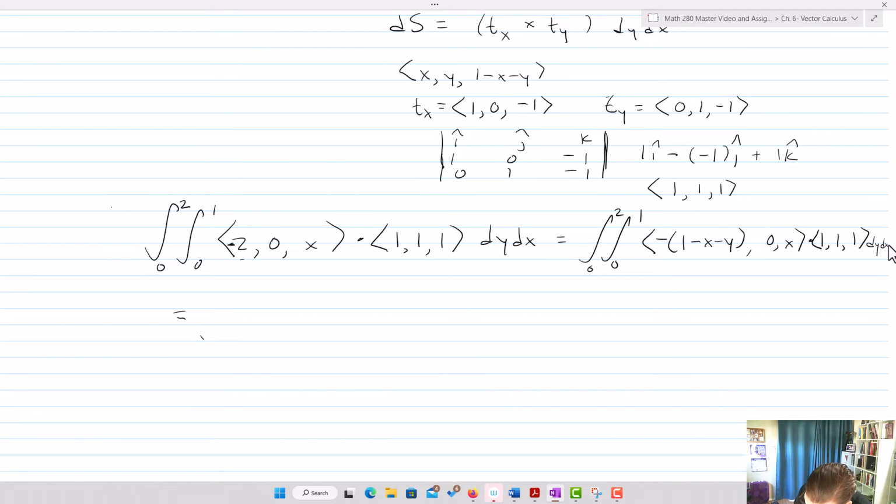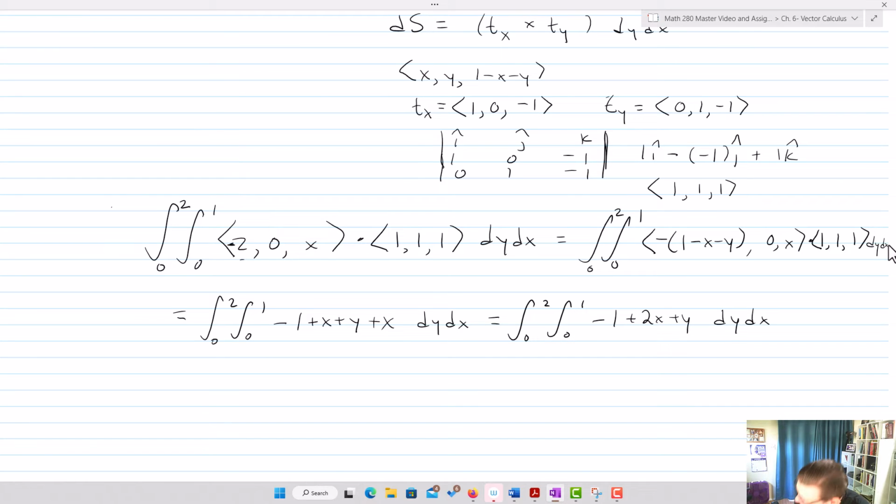This will then equal the integral from 0 to 2, 0 to 1, and this is now going to be negative 1 plus x plus y plus 0 plus x dy dx. So that equals the integral from 0 to 2, 0 to 1, negative 1 plus 2x plus y dy dx, which is not tough to integrate even as a double integral.